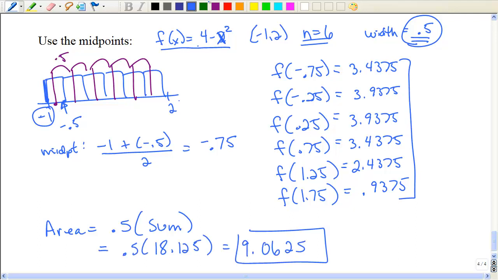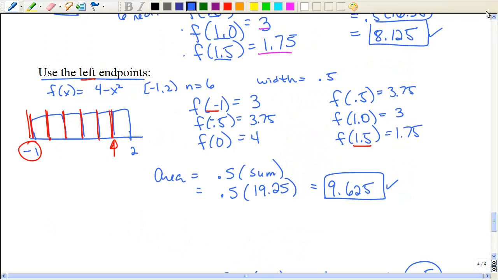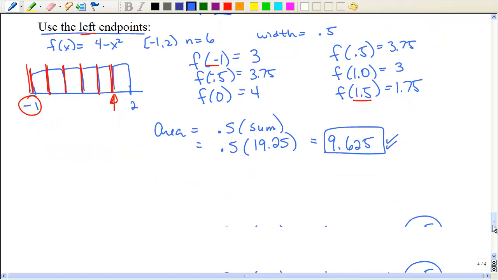Okay, and I get an area of a little bit bigger than 9. So let's compare. Using the midpoints, I got an area a little bit bigger than 9. Using the left endpoints, I got 9.625, and the right endpoints of 8.125. So the middle ones were in the middle.